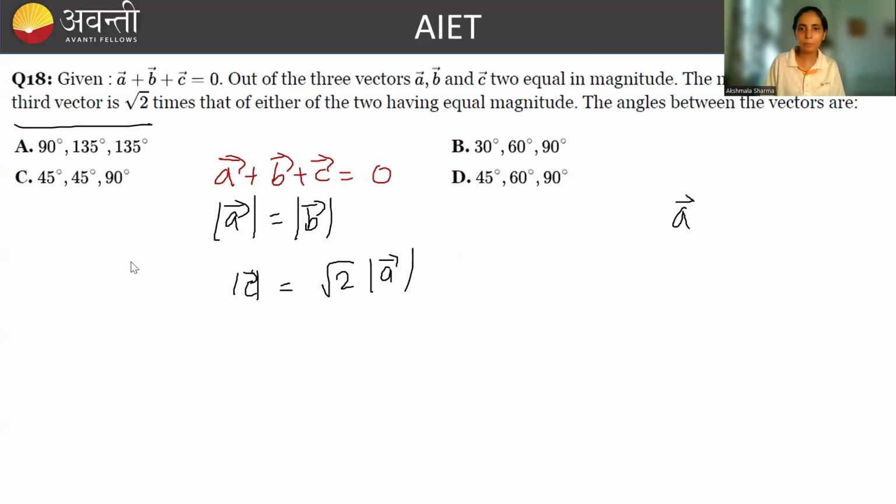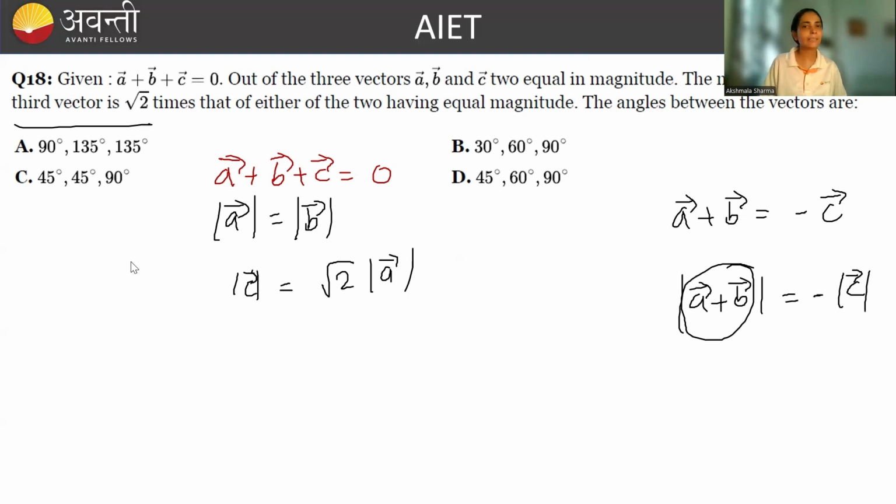So here, A plus B can be written as minus vector C. If I take the modulus on both sides, you can see the modulus of A plus B is equal to the modulus of vector C. And it is given that mod A and mod B are equal, and this is equal to the modulus of vector C. What does it mean? Let me write here: suppose the angle between vectors A and B is theta.